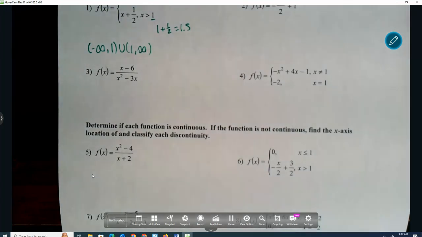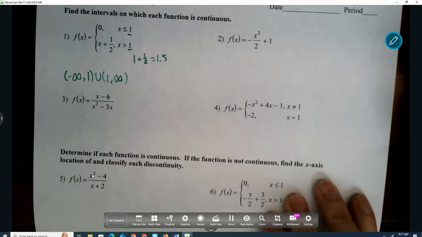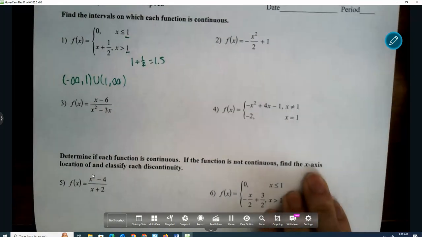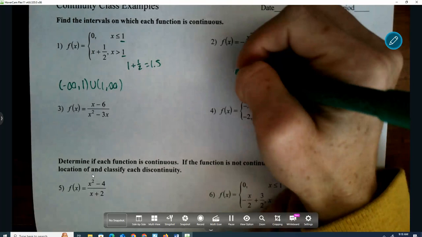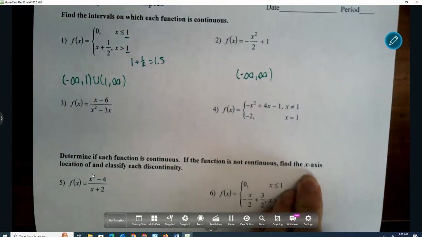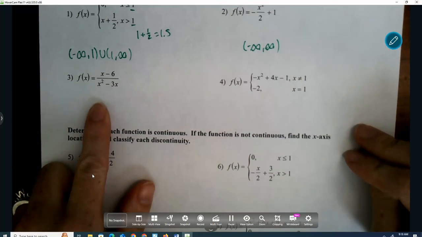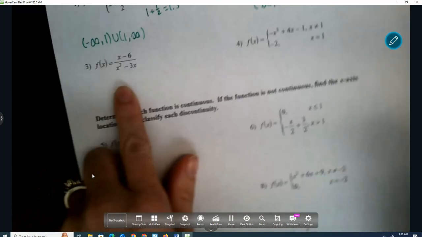If I look at the second one, we have a fraction. Is the bottom ever 0? So where would this be continuous? Everywhere. Okay, third one. What do we have to worry about? Denominator.